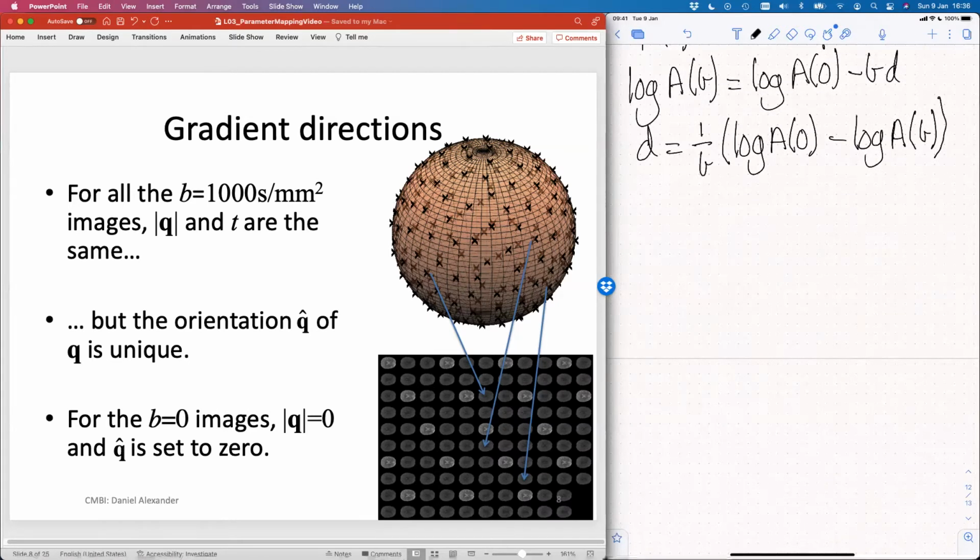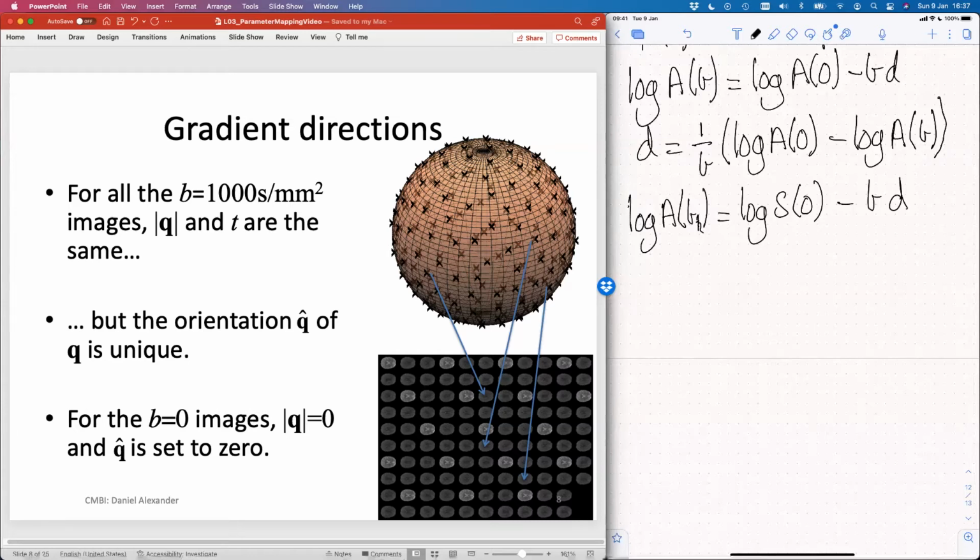So we can now write each of our measurements as the following. Well, let's call it B_K: log S0 minus B D. And I'm now going to consider that there are 2 unknowns in this system.